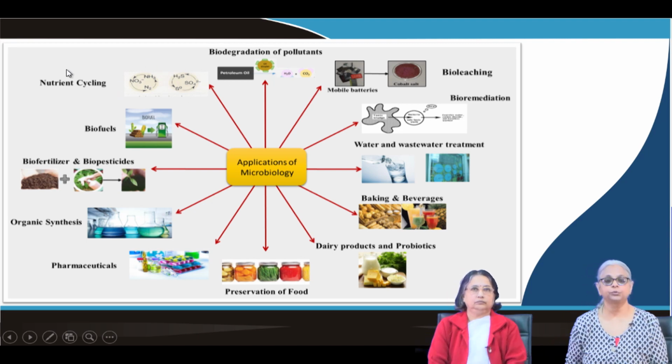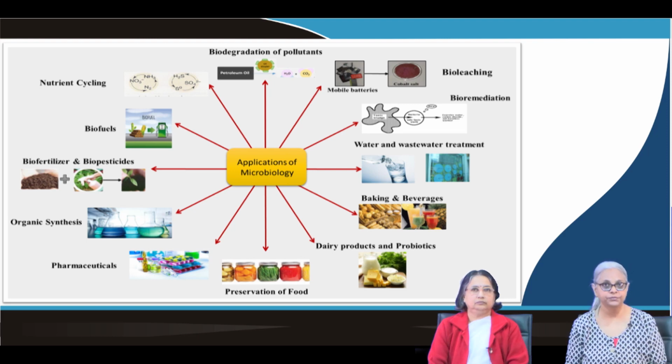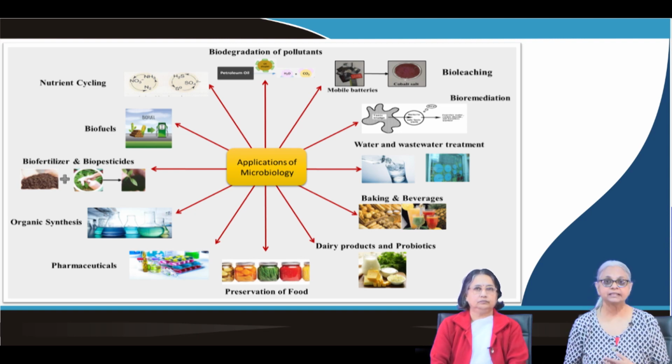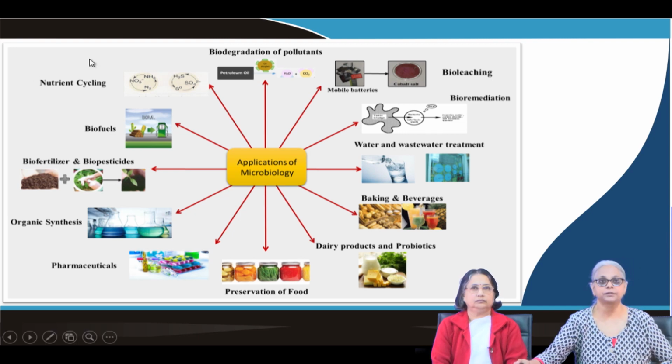I think many of you are aware of the fact that we have macronutrients like carbon, hydrogen, oxygen, nitrogen, phosphorus, and sulfur. These are essential to all life forms. Without them, life cannot exist. And the recycling of these nutrients in the environment is controlled through these biogeochemical cycles. So that is one of the major aspects that we will be covering in this course.